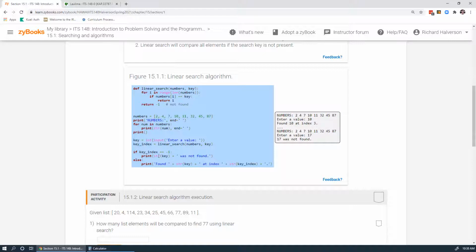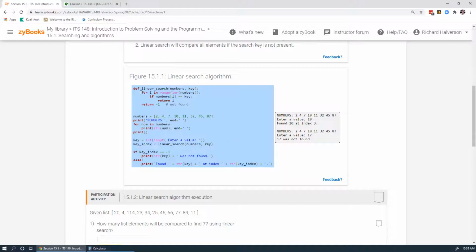And then as long as the user doesn't type in a -1, well, where's the linear search? Oh, here it is. Right, the -1 is what comes back from the linear search.